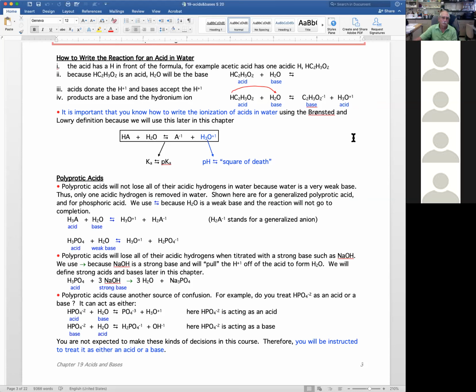And that's so important because this whole thing here gives us the equilibrium constant, products over reactants, which then gives us the pKa. And this hydronium ion gives us the pH, and the pH relates the whole thing together. So that's how everything is related. And it all starts off by being able to write the equation for an acid and water.